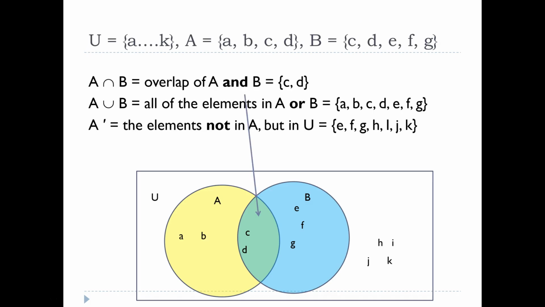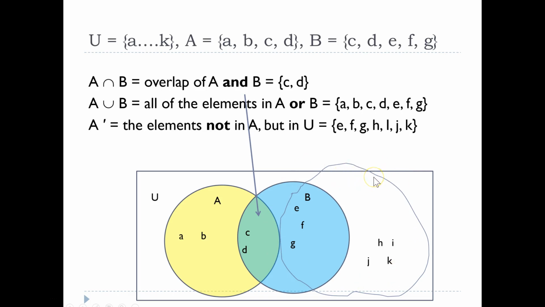So A intersect B is this right here, the overlap. A union B is all of it. Whoops, and I went a little too fast there. A union B is all of it, so A, B, C, D, E, F, G. And A complement, the one that I said might be a little tough, is this circled part here.